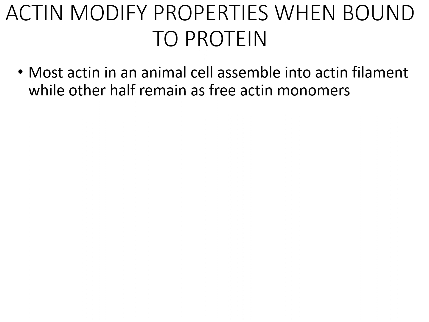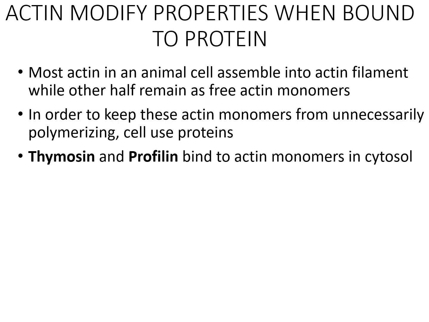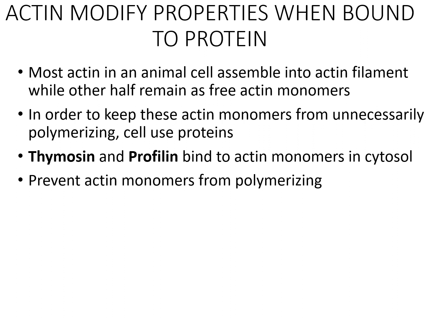Cells actually utilize different kinds of proteins to control the behavior of actin monomers. For example, cells can utilize small actin binding proteins called thymosin and profilin. When they bind to these free actin monomers in the cytosol, they will prevent actin monomers from polymerizing.